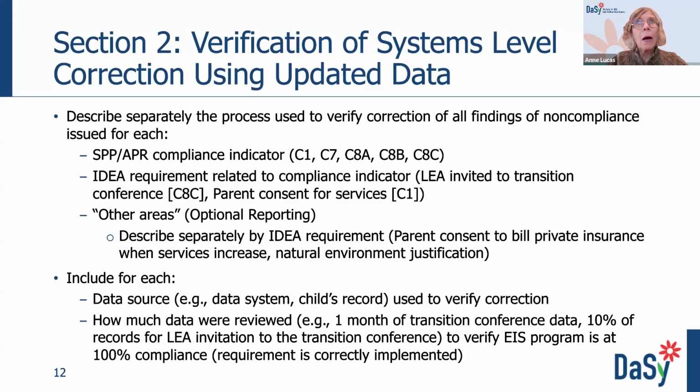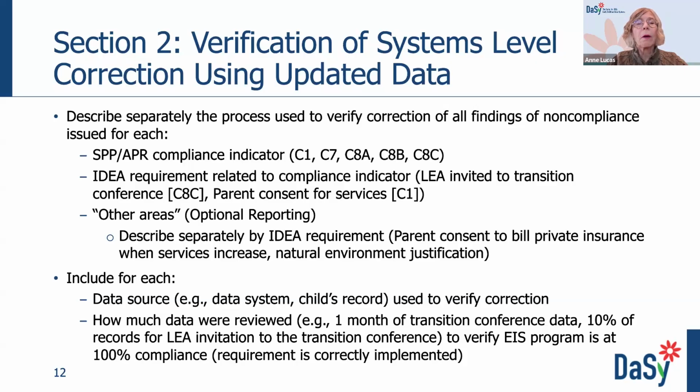Again, what we're encouraging you to do is to describe how you verified correction for the indicator. Now, we know that you described that in your actual APR indicator. Let me use an example of C1 right now. Let's say that you had 10 findings that you reported in Indicator 1 on their correction.